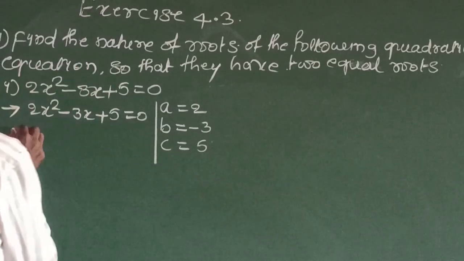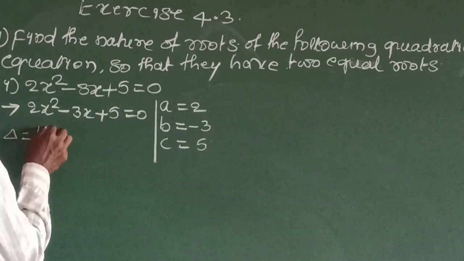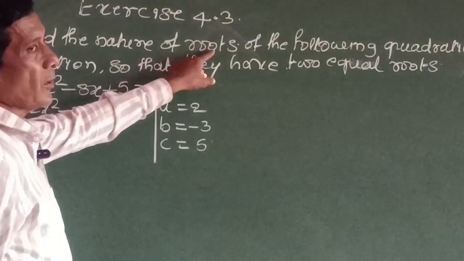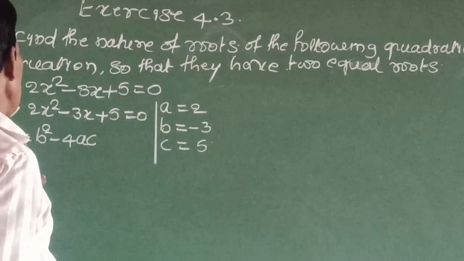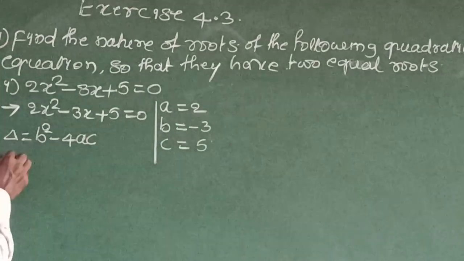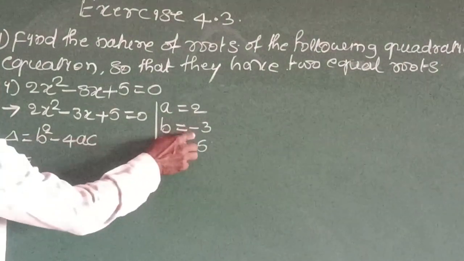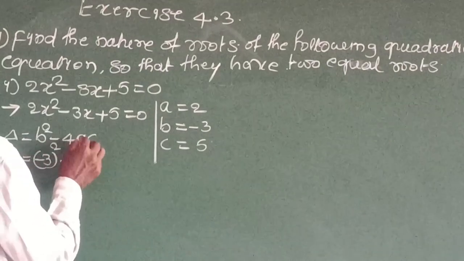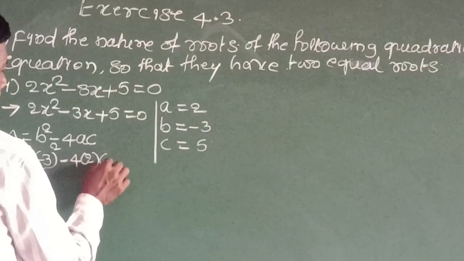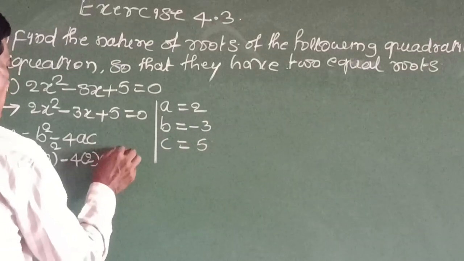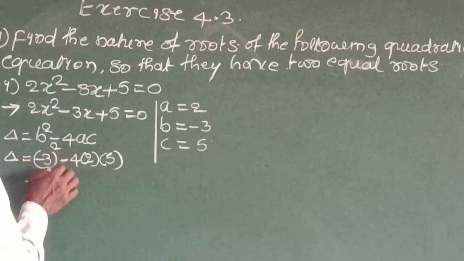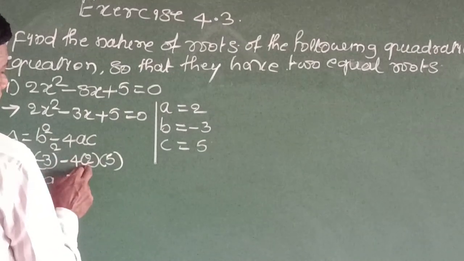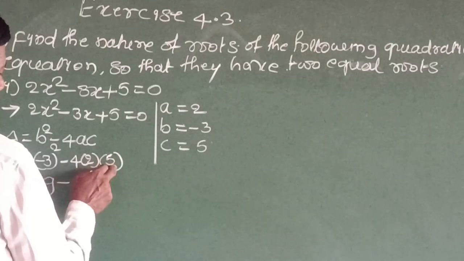Delta equal to b square minus 4ac, to find the nature of the roots. Delta equal to (minus 3) square minus 4, a is 2 and c is 5. So minus 3 square is 9, minus 4 2s are 8, 8 5s are 40.